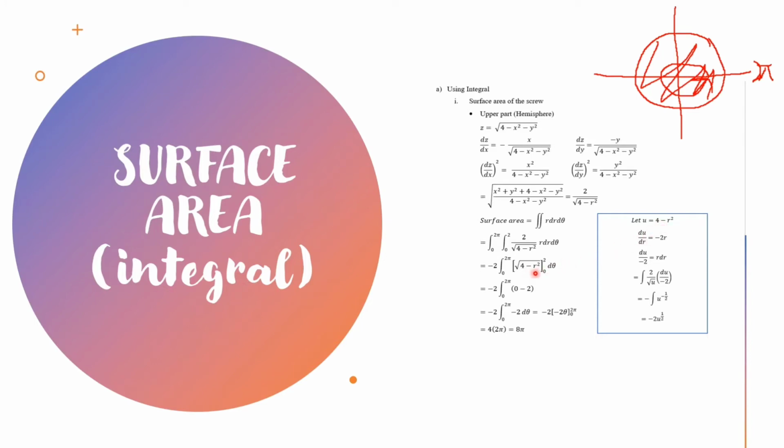And then we put 2 here, and then I put 0 here. And then I got square root 4, which equals 2. And then we integrate for d theta, and then we got negative 4 theta, times 2 pi, and then we got 8 pi.